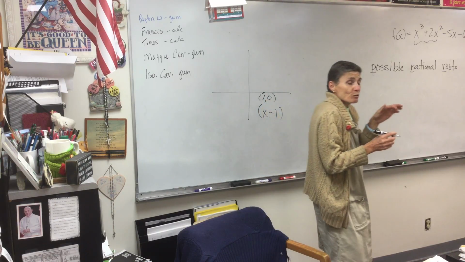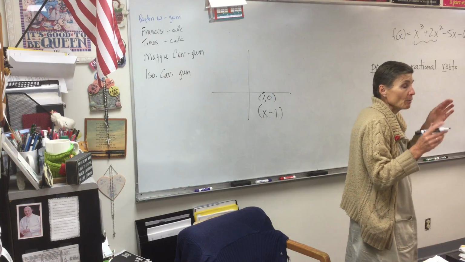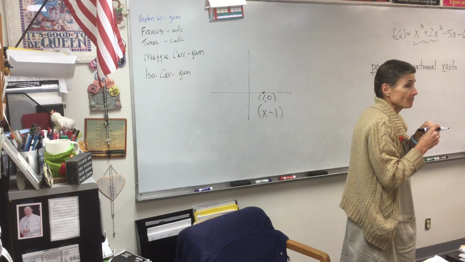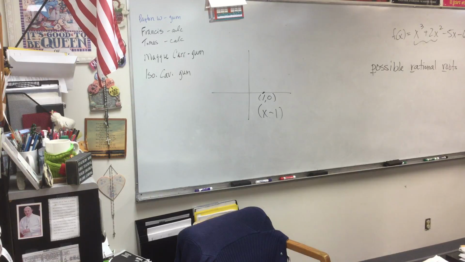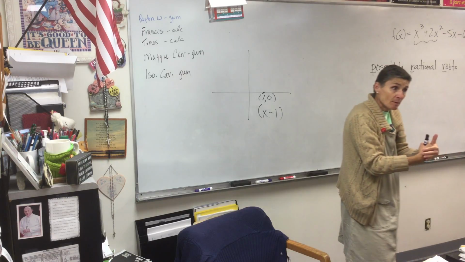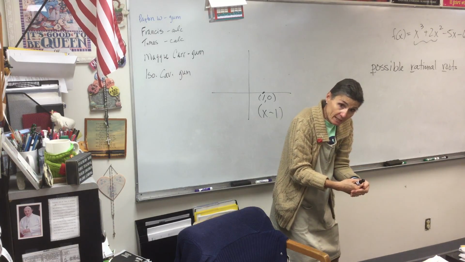Because before you start guessing, I want you to narrow down your options. Right now, you have the whole wide world of numbers out in front of you, okay? I want you to have a little bucket of numbers, so we're going to narrow it down. You're still going to have to guess, but you're only going to guess from this little bucket.